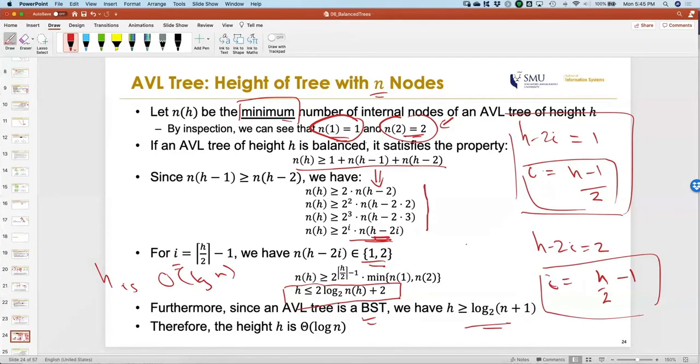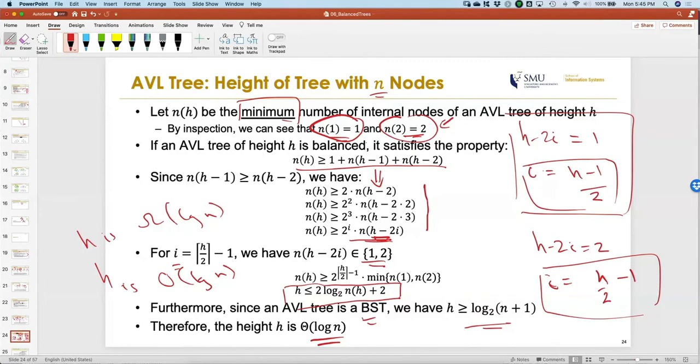Which means that we now know that not only is h O(log n), h is also Omega(log n). So it is lower bounded by log n and upper bounded by log n, which means there is a tight bound. The height of a balanced tree will always be some order of log n.